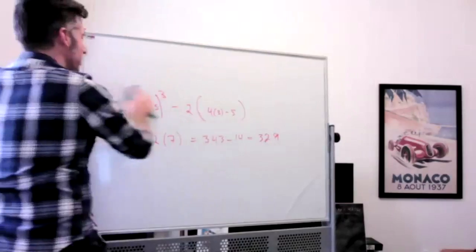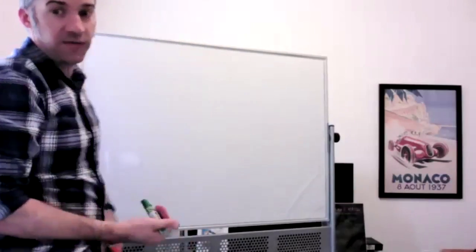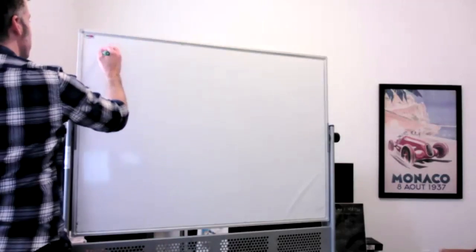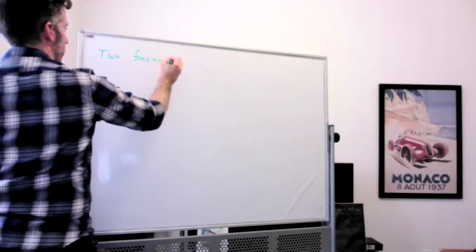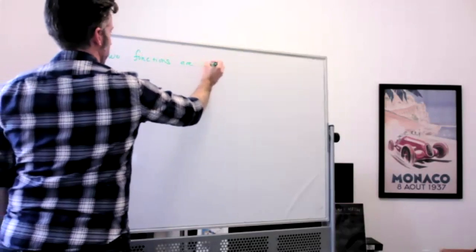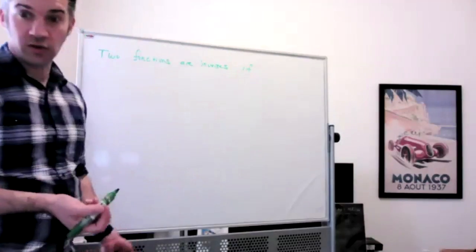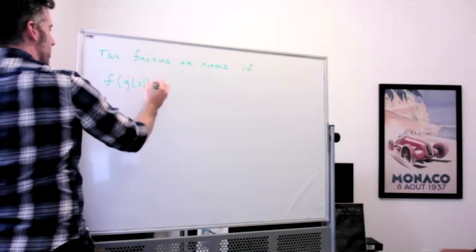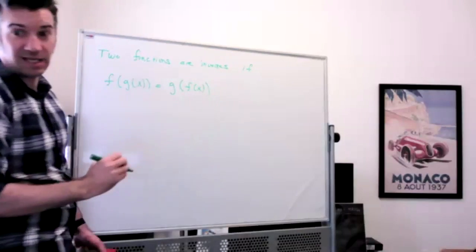So one of the reasons we like to talk about composition of functions is because it's how we define if functions are inverses. So we say that two functions are inverses if the following is true. f of g of x is equal to g of f of x is equal to x.